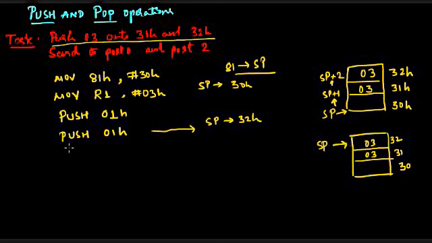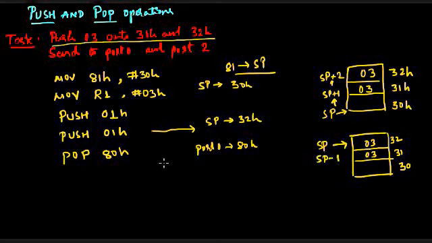And now I can pop whatever data present in memory location that SP is pointing to, that will be sent to 80H. 80H here is the address of port 0. So whatever data was present on 32H, that is being popped to port 0, and SP gets decremented by 1.